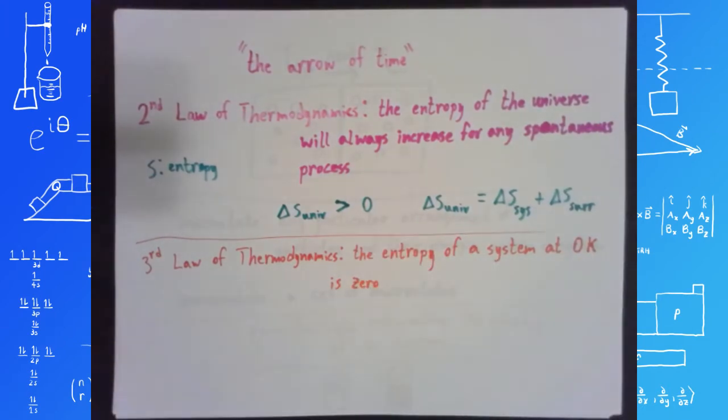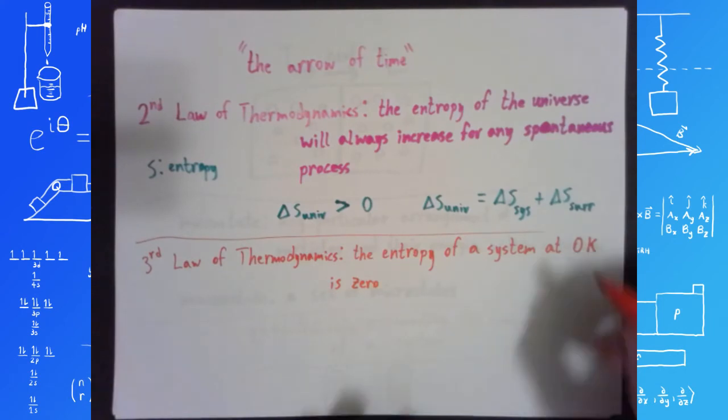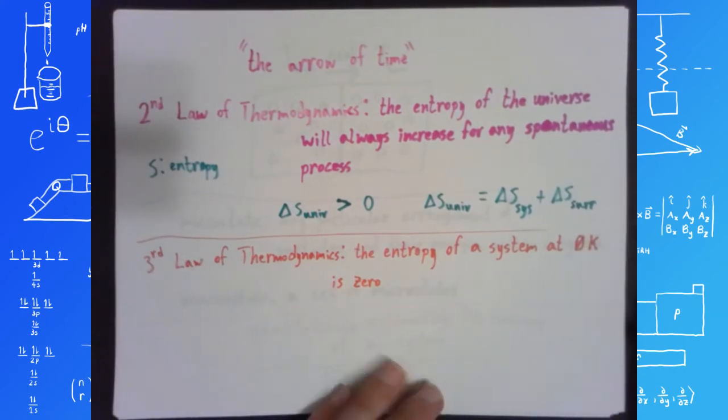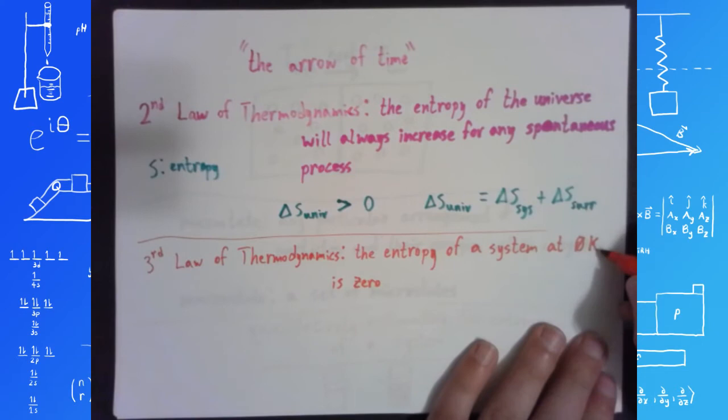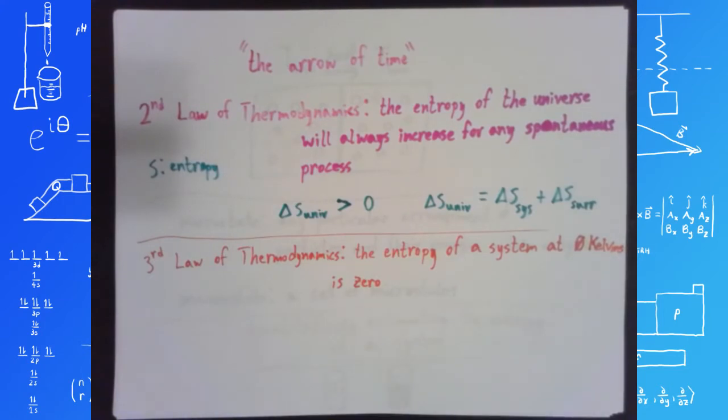The entropy of a system at 0 kelvins is 0. And maybe I should strike through that so that people don't confuse it for an O. And maybe I should write out the word Kelvin. At 0 kelvins is 0.